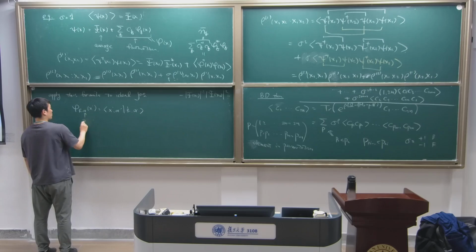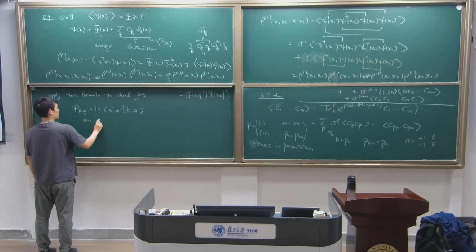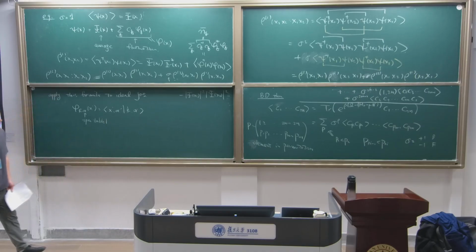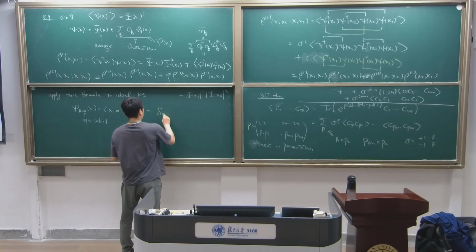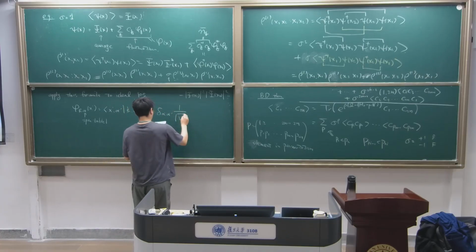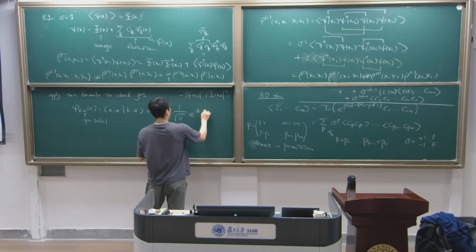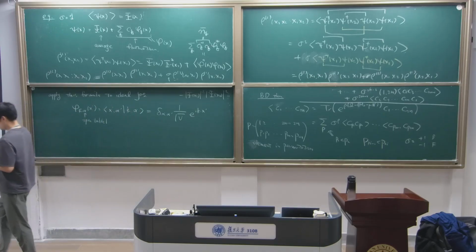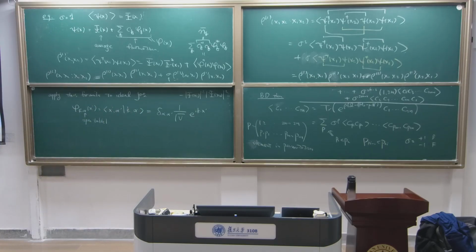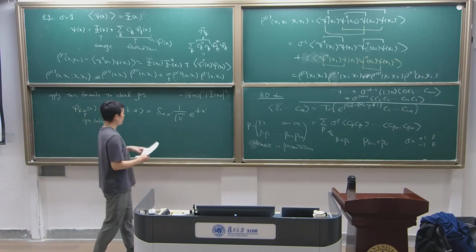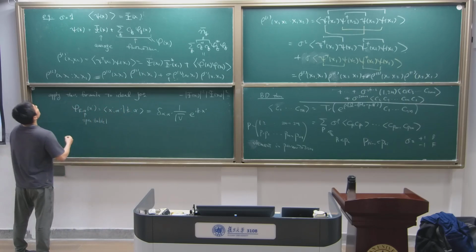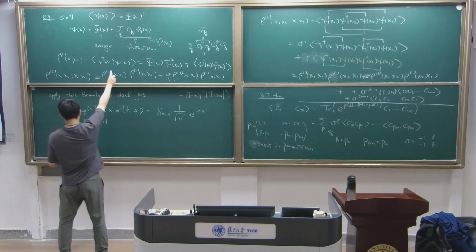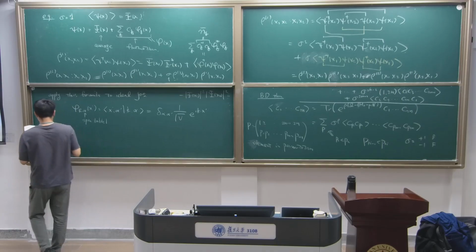The alpha is a spin label, and k can be understood as the momentum. This is the mode expansion of the operator phi, and plug this into the formula.